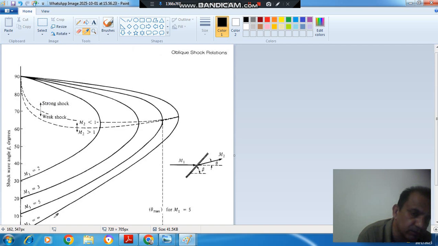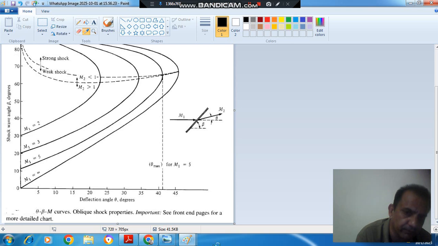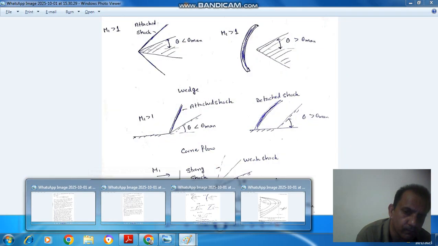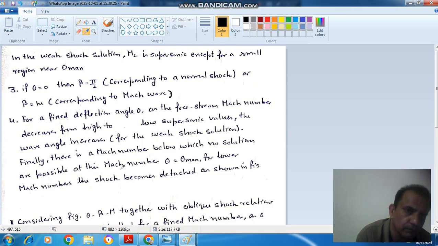And if theta is 0, beta can also be mu, corresponding to a Mach wave.